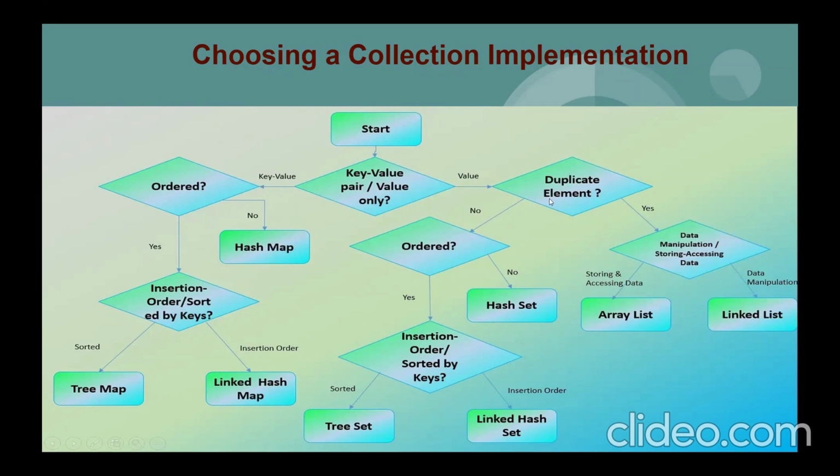In that case, also check whether you want values stored in ordered format. No, use hash set. If you want to maintain the insertion order, use linked hash set. Otherwise, if you want alphabetical order, use tree set. Understood? So in this way, collection frameworks can be implemented.